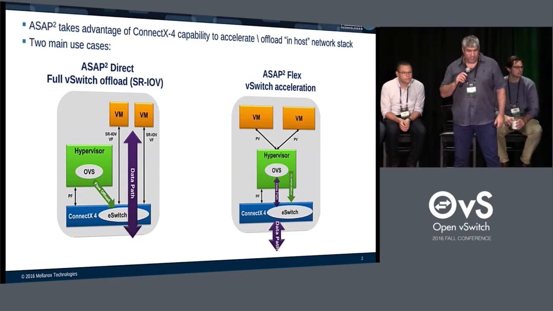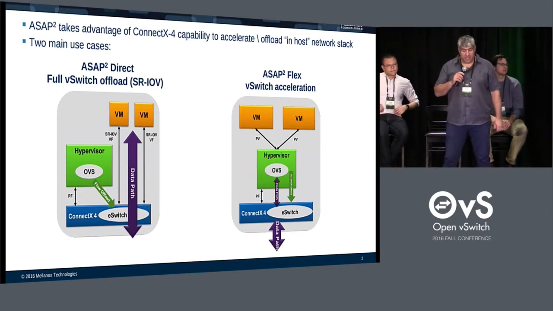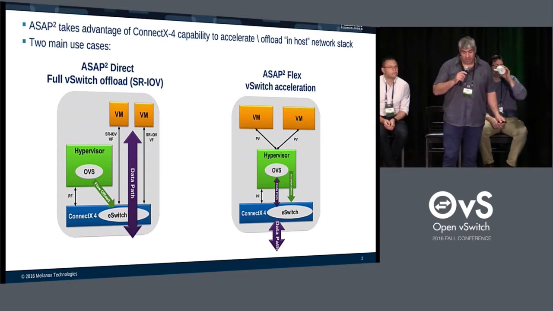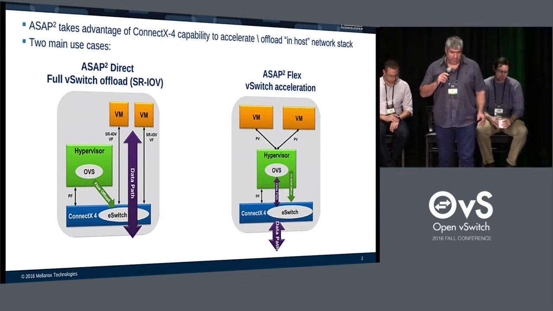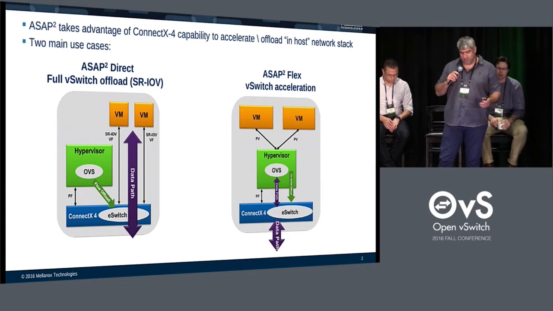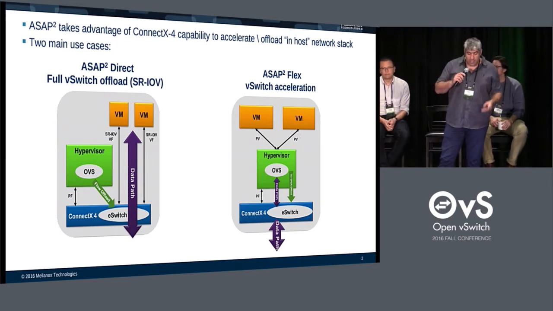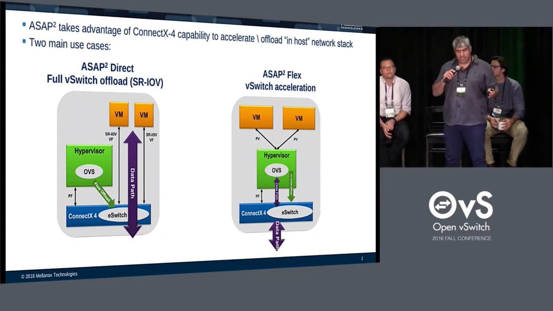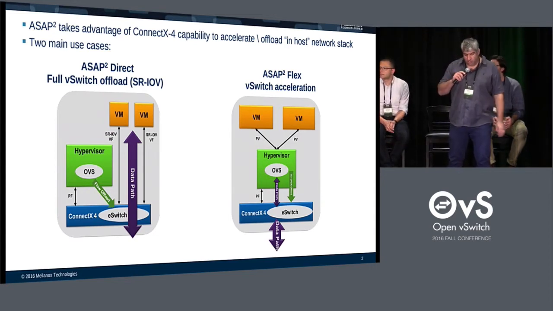So in Mellanox, we call this acceleration ASAP square, for accelerating switch and packet processing. We have two ways. One is taking everything to the hardware, which we call direct, using SR-IOV, so all the classification, the forwarding, and everything goes into the hardware.